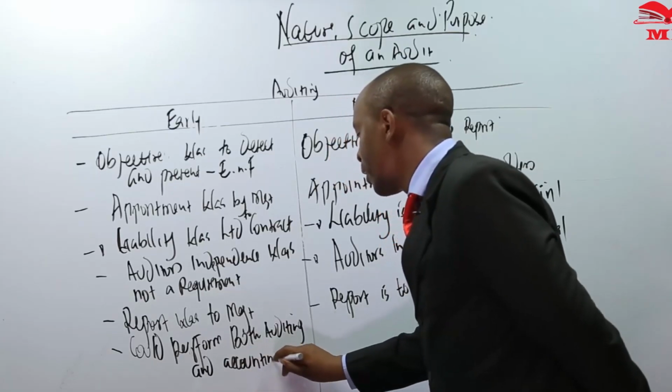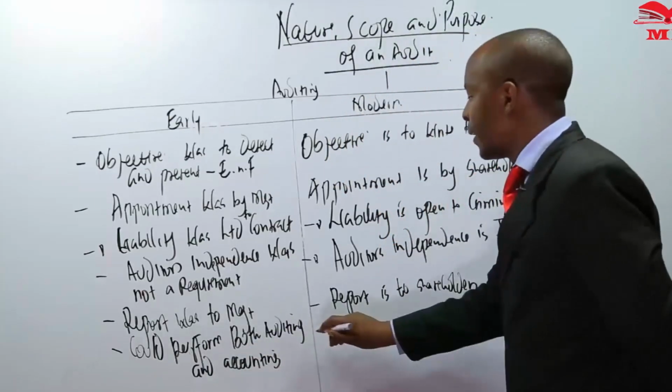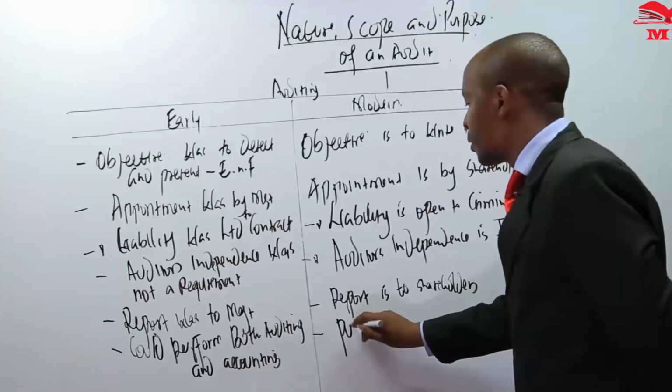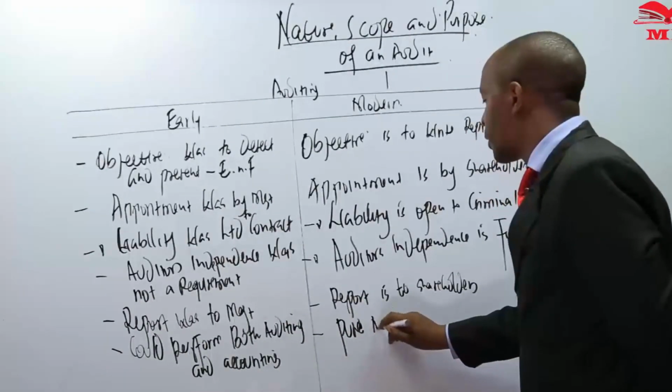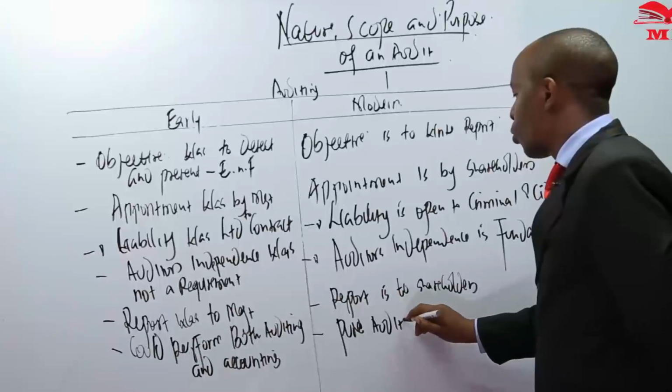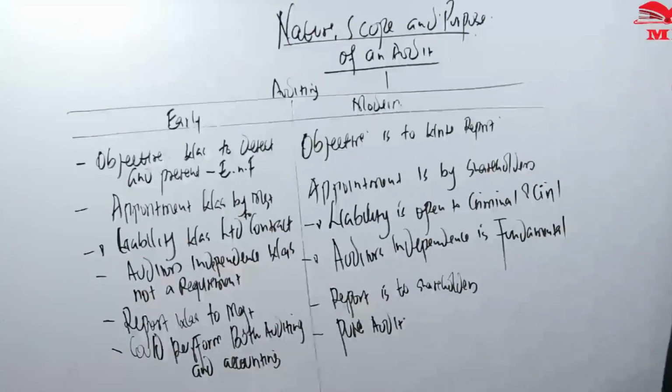So we have agreed that in the modern audit, we do pure audit. Pure audit means you cannot do what? You cannot combine. You can only do one.